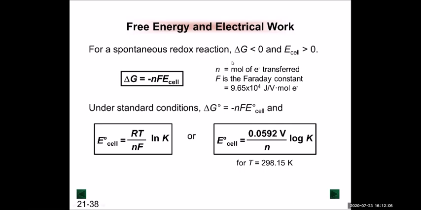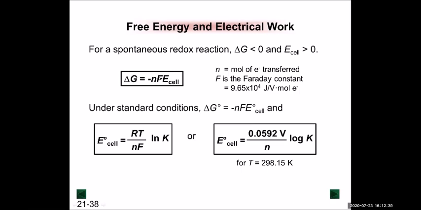So for the spontaneous reaction, the standard free energy change and the cell potential, there's a connection, okay? The connection is this equation. Standard free energy change equals negative n, the number of electrons in moles, times F, the Faraday's constant.